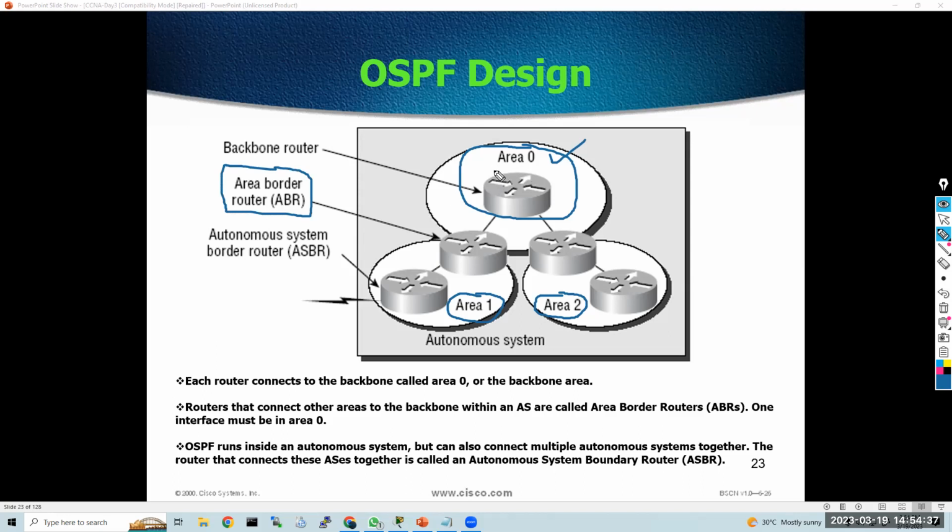The router which comes under area 0, we call the backbone router. The router which is connected to another, say for example, another routing domain, we call it the autonomous system border router. Understood, guys?